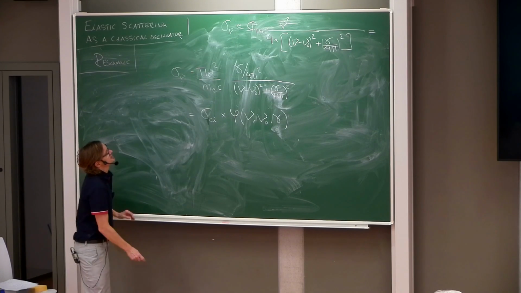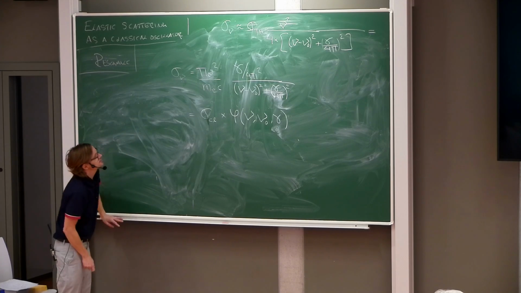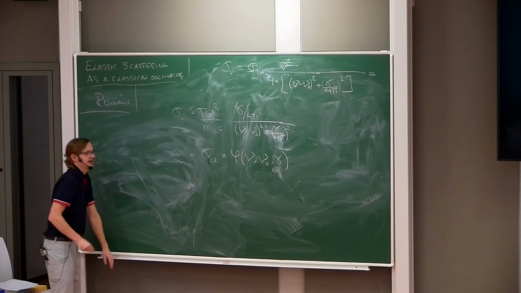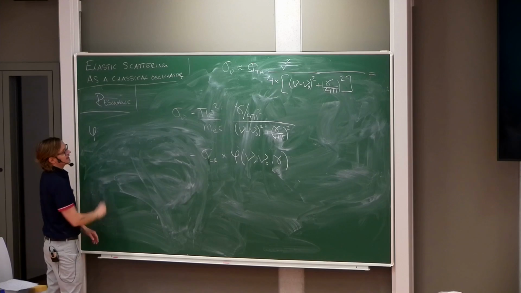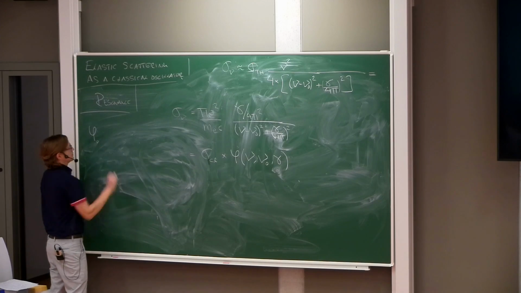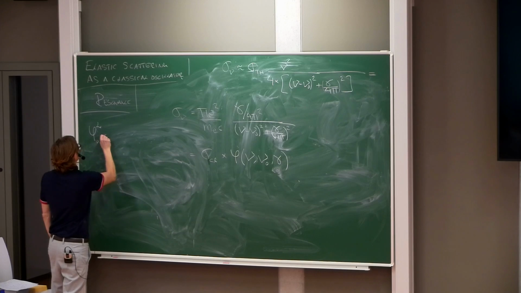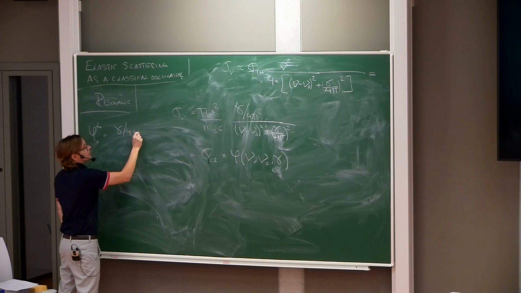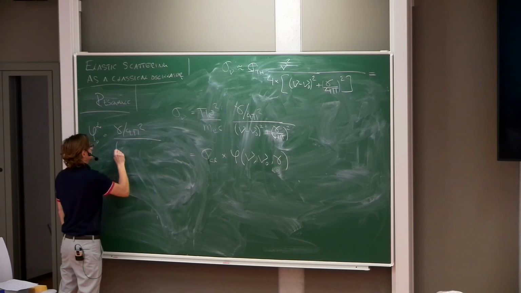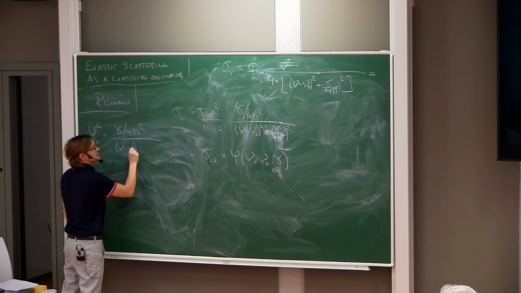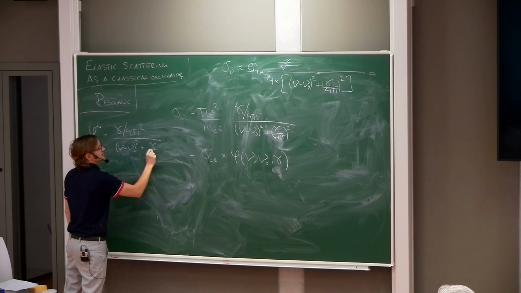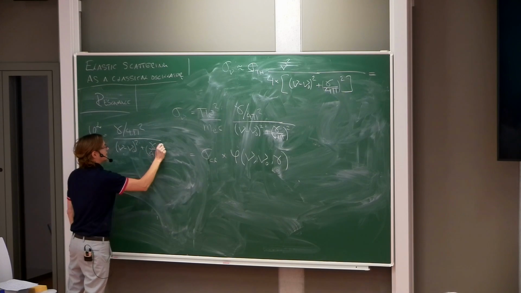There are several interesting parts of this. The first is that this function, phi, we now just write short as phi nu L. It's just gamma over 4 pi squared, divided by nu minus nu 0 squared plus gamma over 4 pi squared.